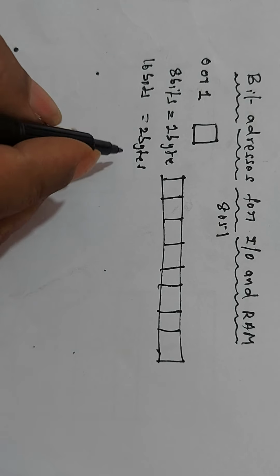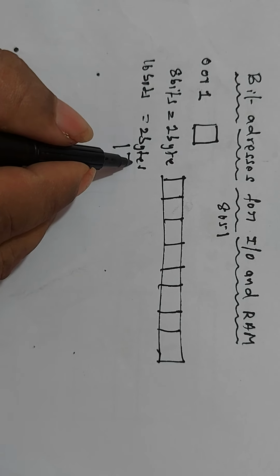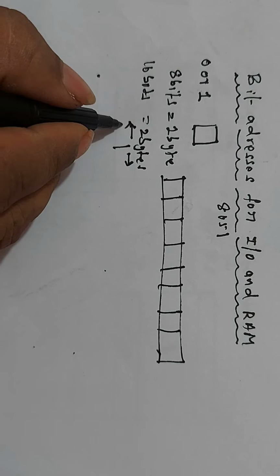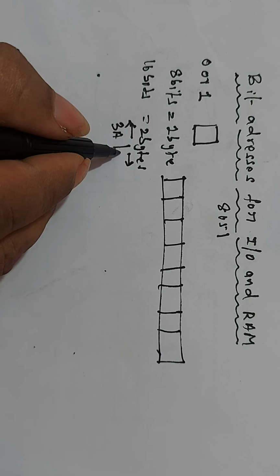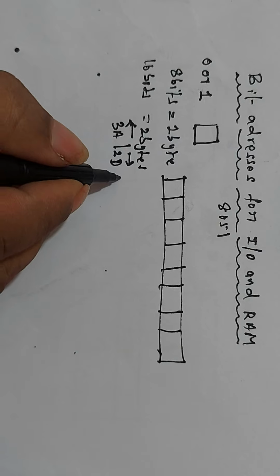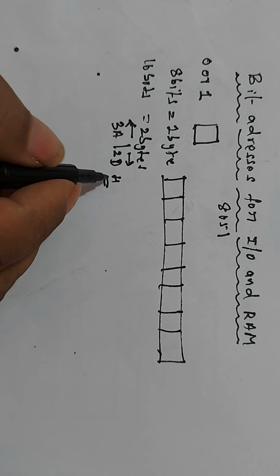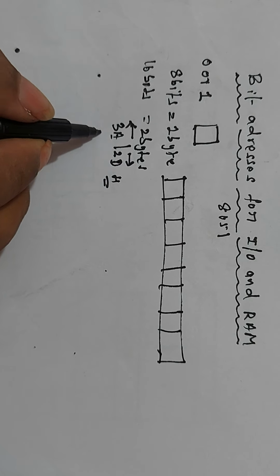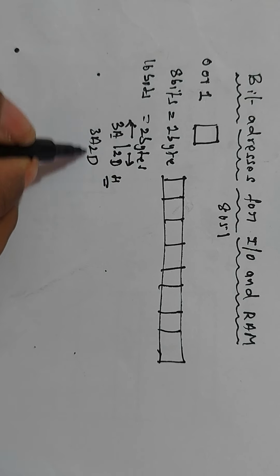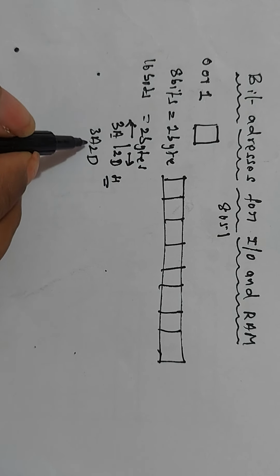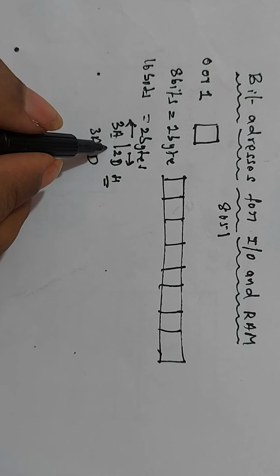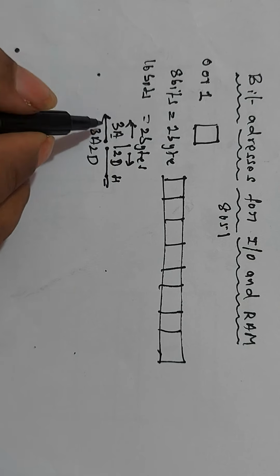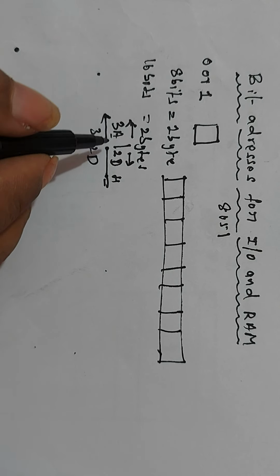The 2 bytes consist of a higher byte and a lower byte. Example: 3A 2D H, where H represents a hexadecimal number. Here 3A is 8 bit, 2D is 8 bit. 3A 2D is 16 bits, that is 2 bytes, in which 3A on the left side is called the higher byte and 2D is called the lower byte.